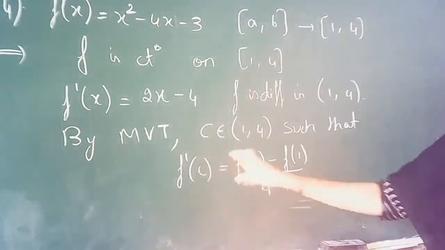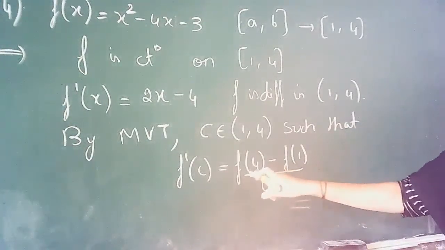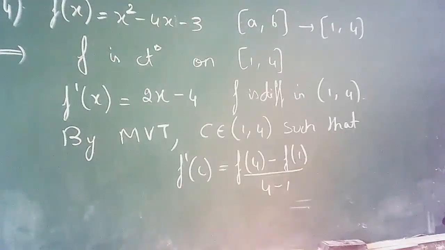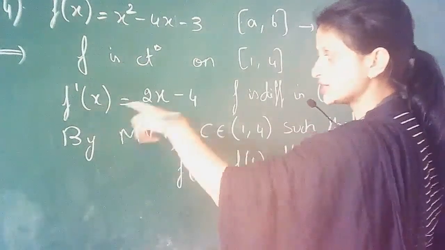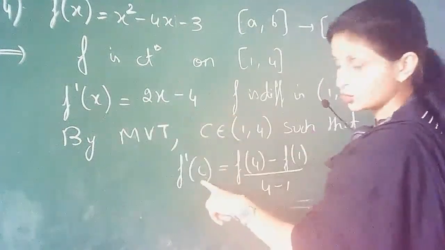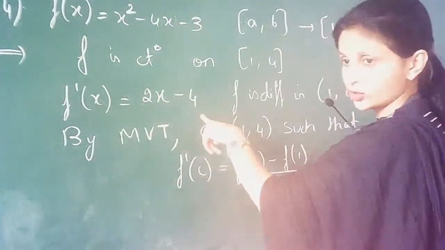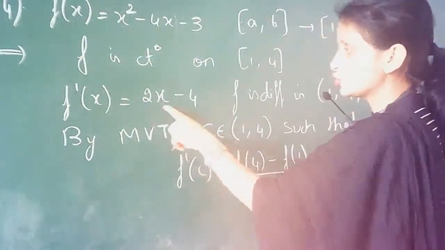Now, students, here we have f dash of x. What is f dash of x? It is 2x minus 4. In place of x, you substitute c. So you get 2c minus 4.